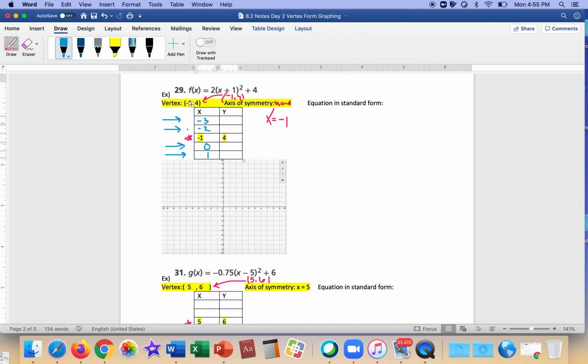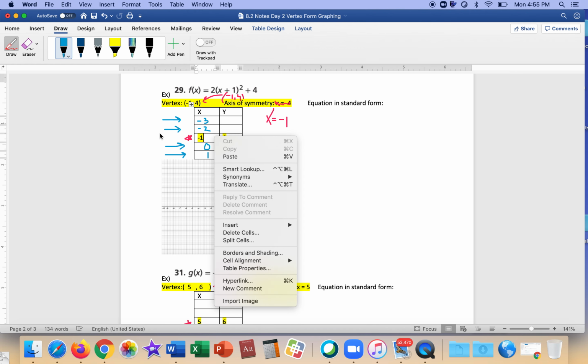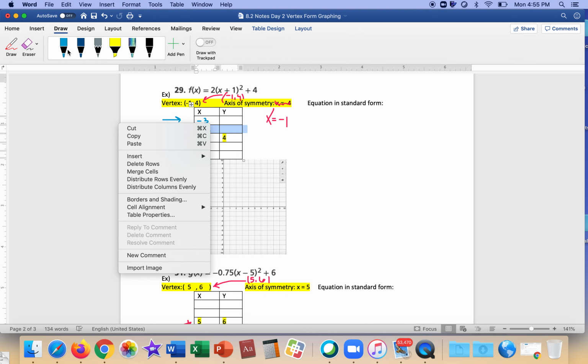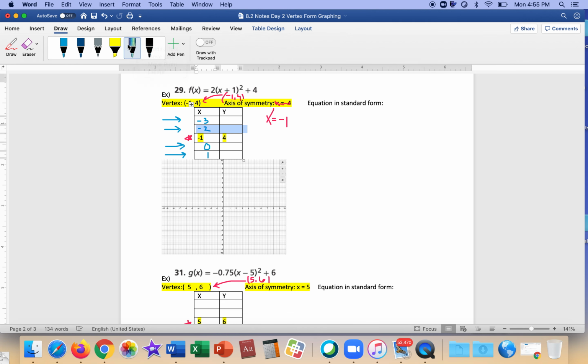So I know that -2 and 0 are a unit away on the number line, then their y values will be the same.